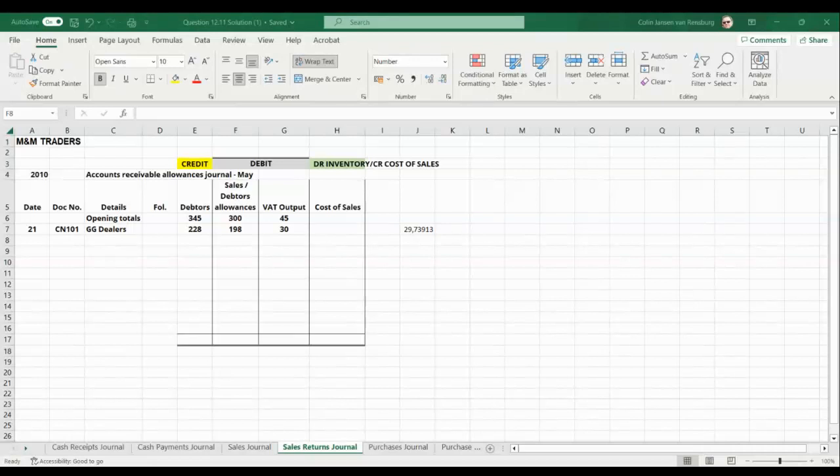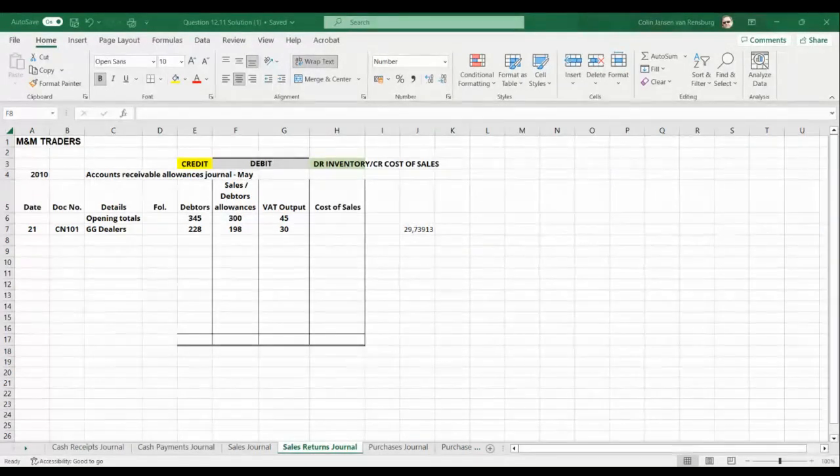Right. So, ladies and gentlemen, now we have reduced it. We've issued that credit note. We've reduced that accidental overcharge, and remember, we are crediting the debtors account, right? So we are decreasing the amount that they owe us.